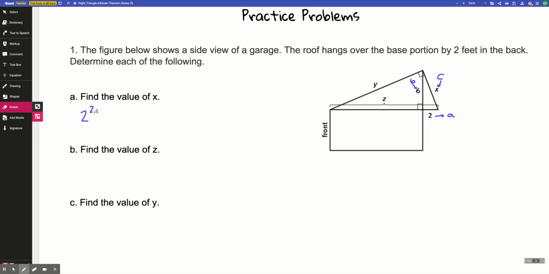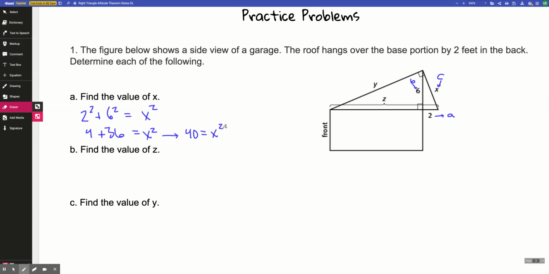So I have 2 squared plus 6 squared equals X squared. So this is 4 plus 36 equals X squared. So you end up with 40 equals X squared, right?